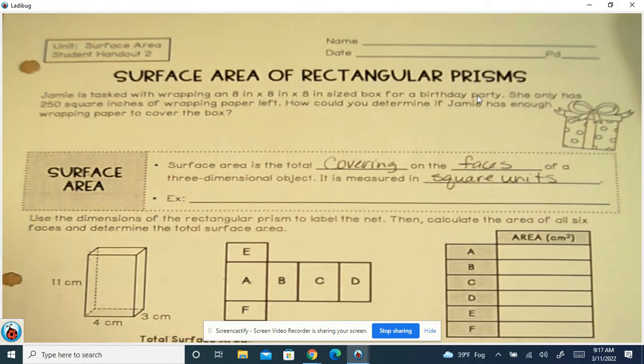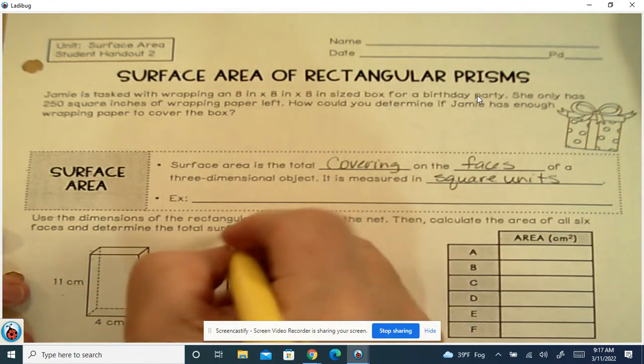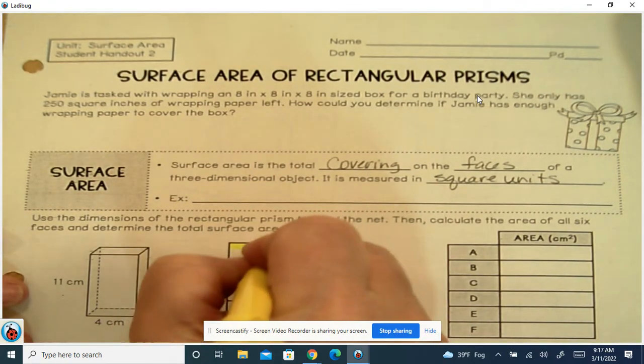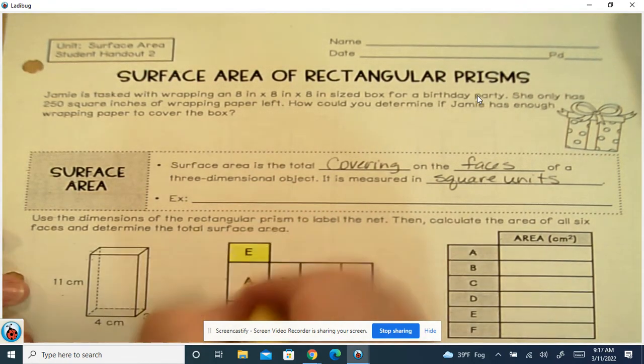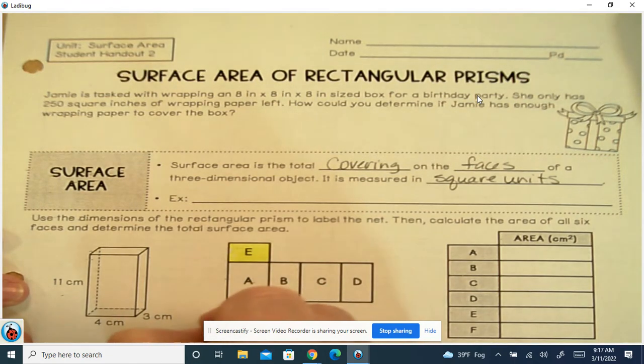All right, I'm going to color these like twins because each face has a twin. So the E's are a match.